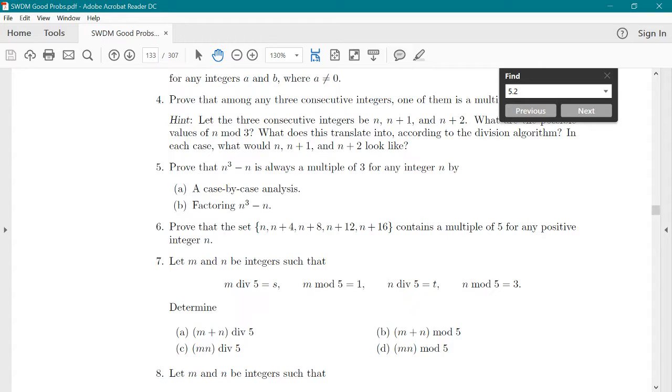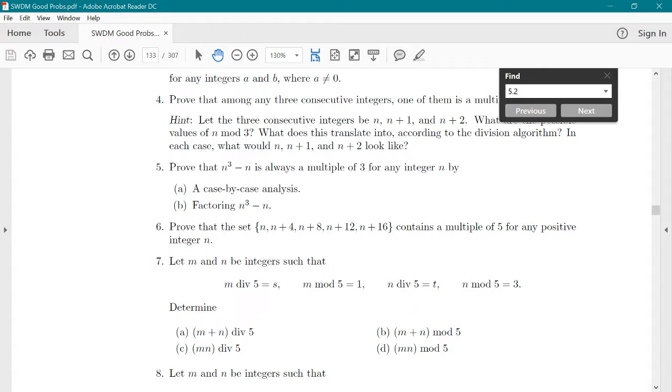So multiples, think about doing things modulo something, right? We're looking for a multiple of 5, so think about doing things modulo 5. So prove that for any n, let's say one of the following is true. At least one.